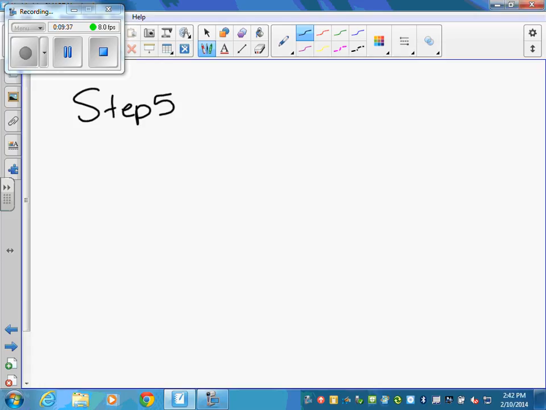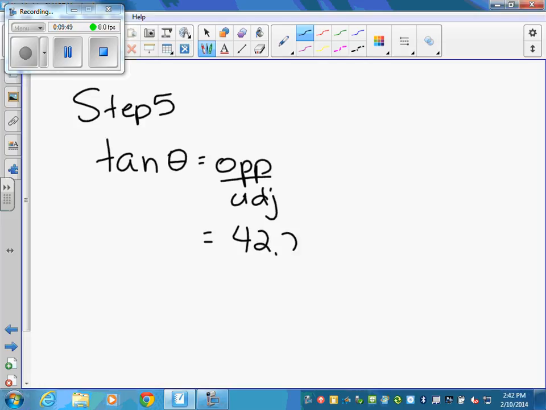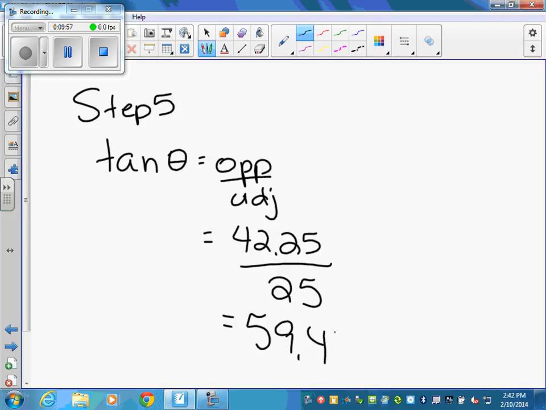Tan. And we do opposite over adjacent. Okay, so we should have 42.25 over 25. And we should get 59.4 degrees.